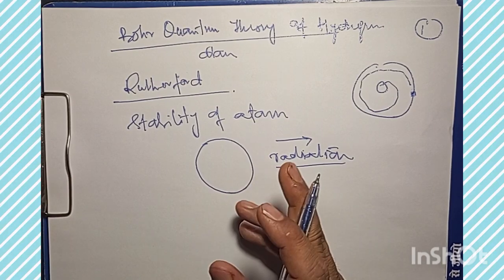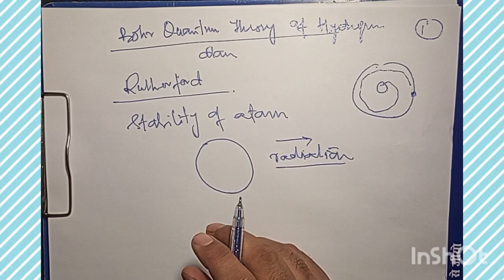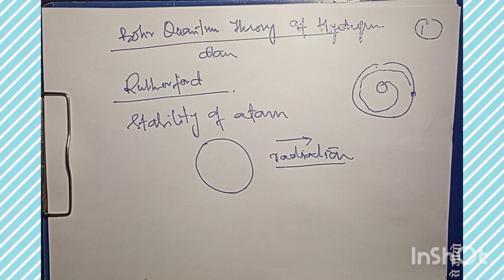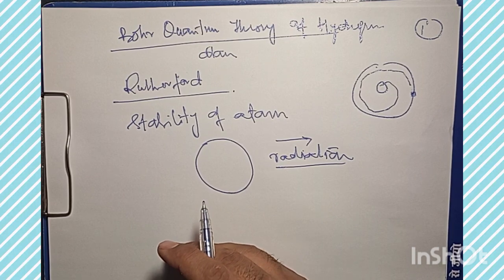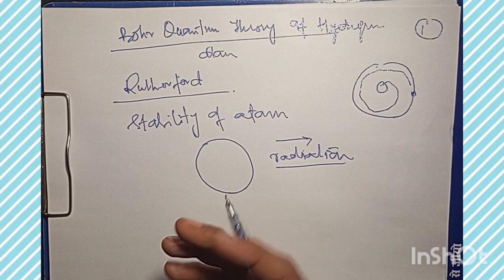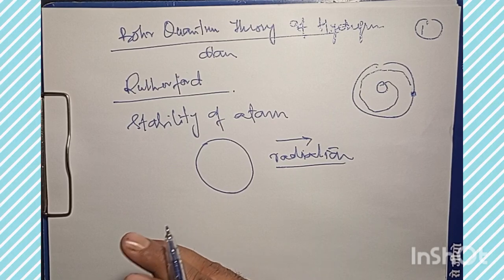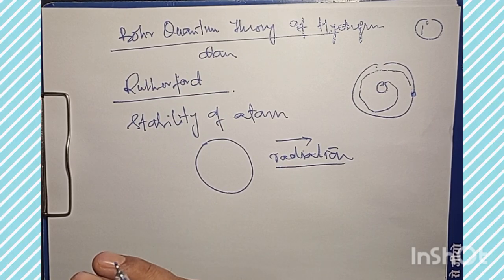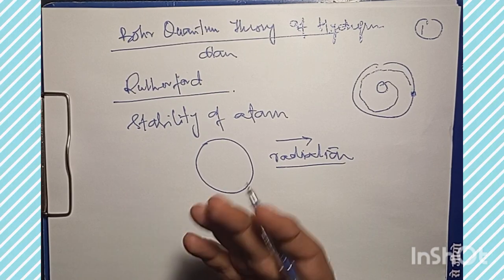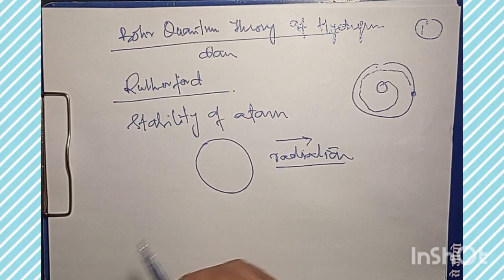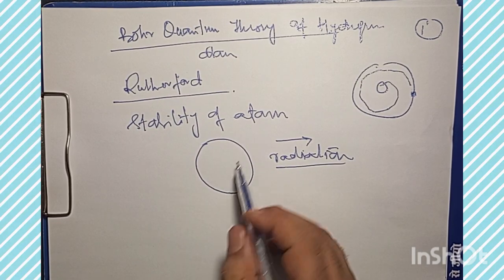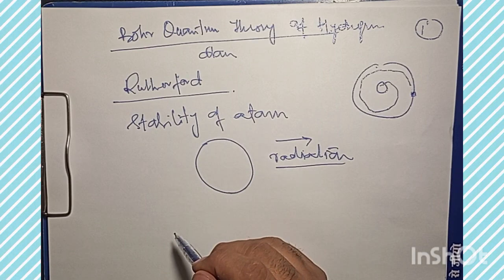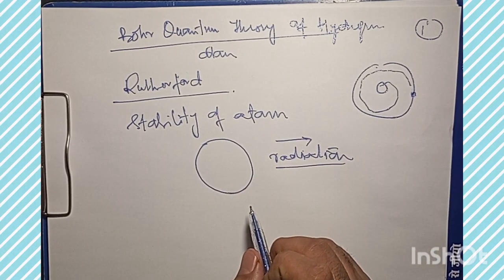Rutherford could not explain the stability of the atom as a whole, and thus the existence of the atom would be destroyed completely if we assume that the electron radiates while moving in a circular orbit around the nucleus.